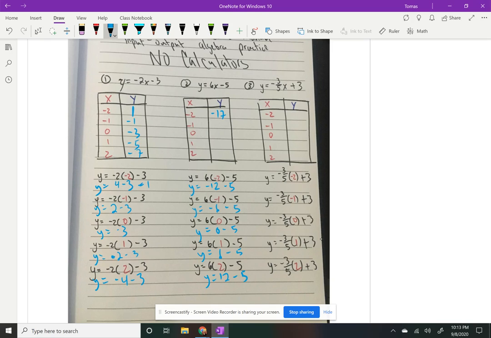Negative 6 minus 5 gives us negative 11. 0 minus 5 is negative 5. 6 minus 5 is just 1. 12 minus 5 is just 7.